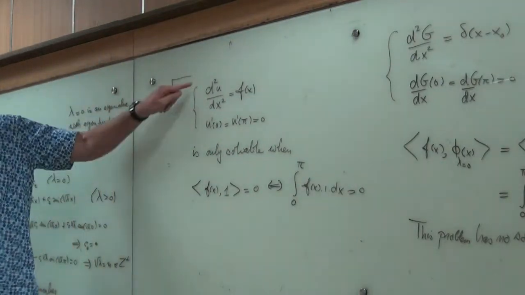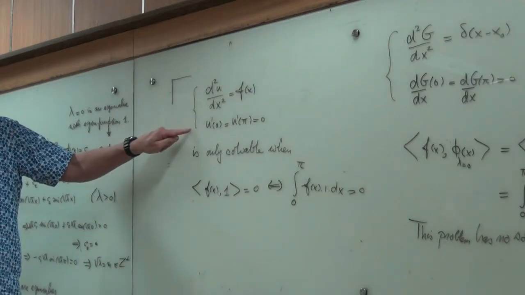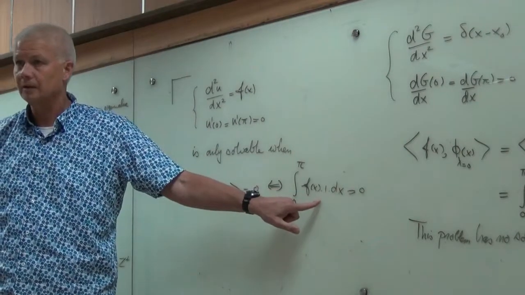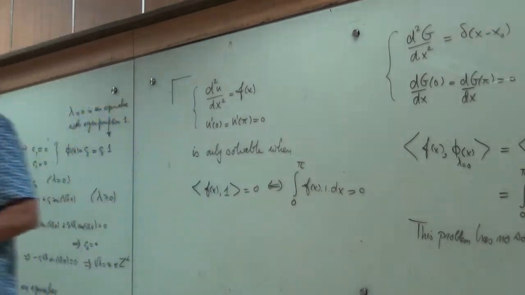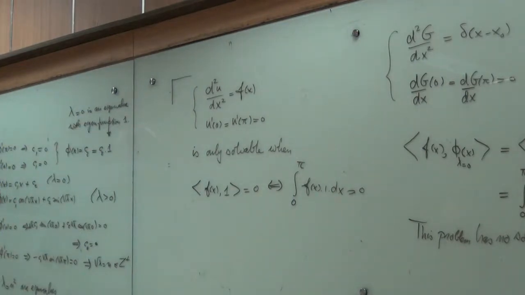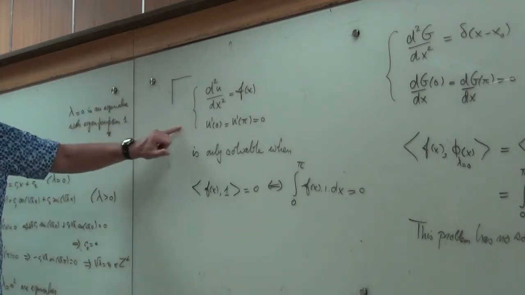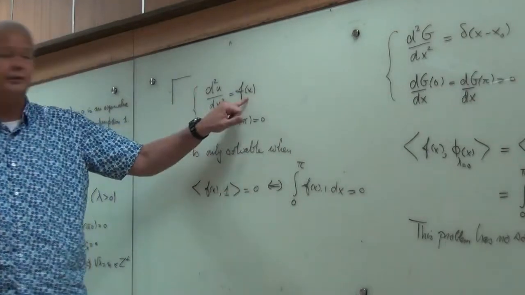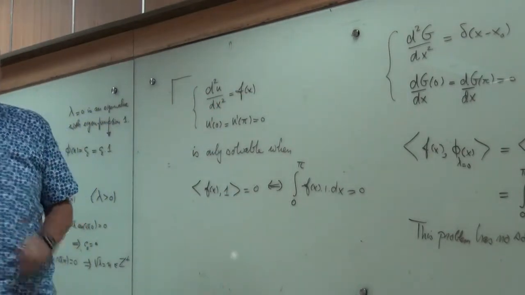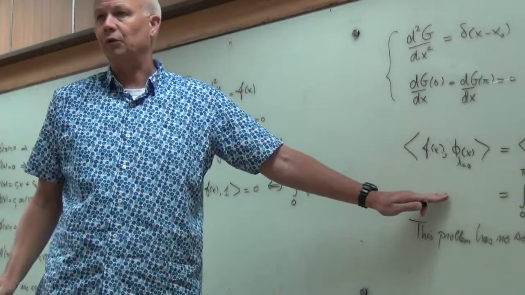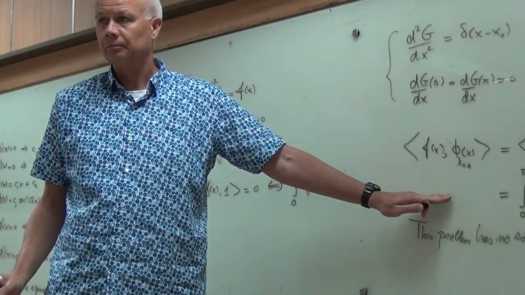So I can only solve this problem if I have an additional condition on f. That integral over f should be 0. So that's a mathematical statement. This problem is only solvable when that integral over f is 0. And if I look at this problem, it's not solvable. Okay.